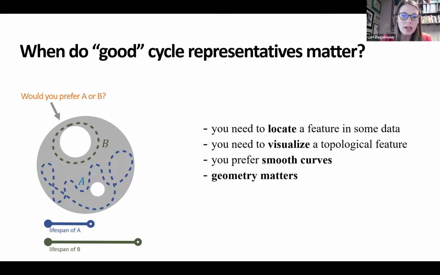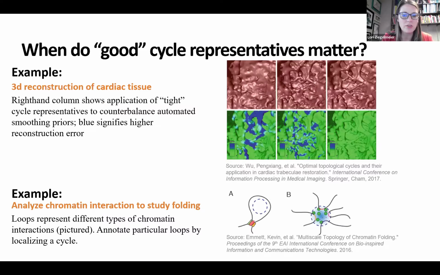Maybe you want to visualize this, or maybe you prefer nice smooth curves or something, or the geometry matters. Okay. I've got just a couple of examples here of some applications of when you might want a nice concise geometric measure of a cycle representative.